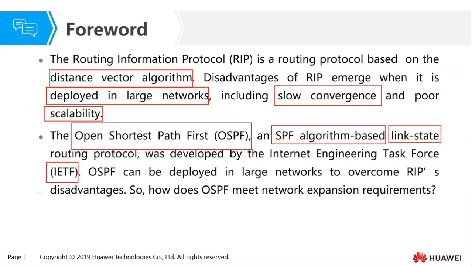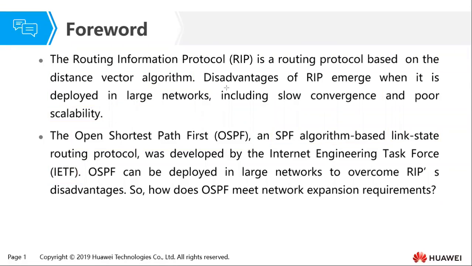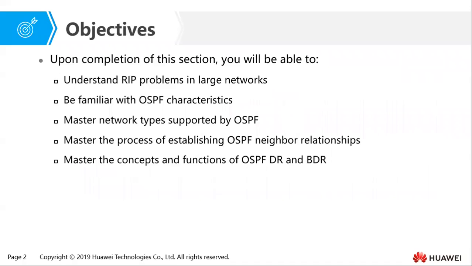I hope you've already subscribed to IETF's mailing list. When you do such courses, you need to participate in IETF's matters. So OSPF can be deployed in large networks to overcome RIP's disadvantages. So how does OSPF meet network expansion requirements? Those are some of the things that we're going to learn in this particular topic.